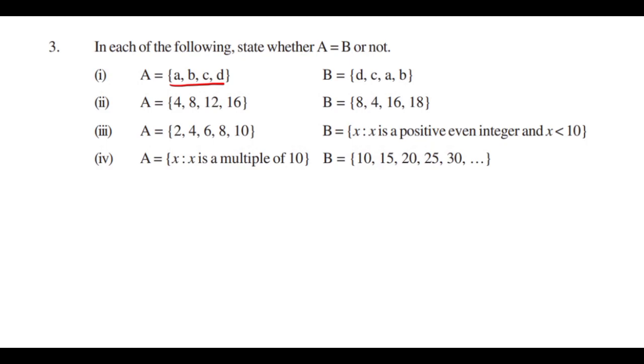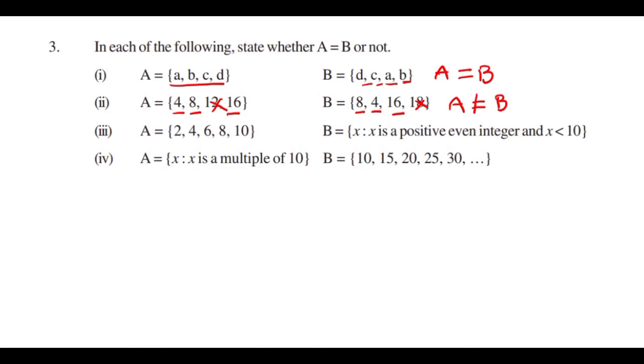Yes, A equal to B, correct. Here A has 4, here 4, here 8, here 8, here 16, here 16, but here 12, here 18. So not equal. If at least one element doesn't satisfy, you should not take it. It is not equal.